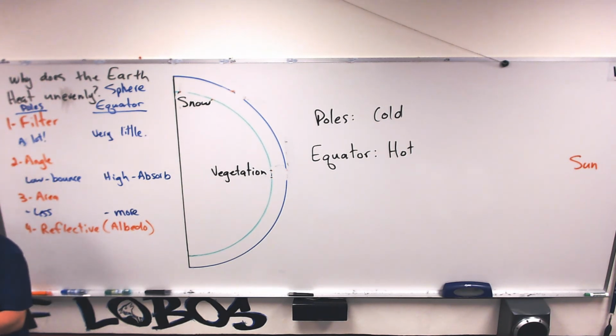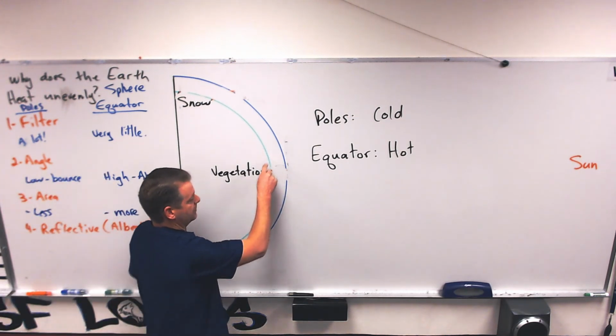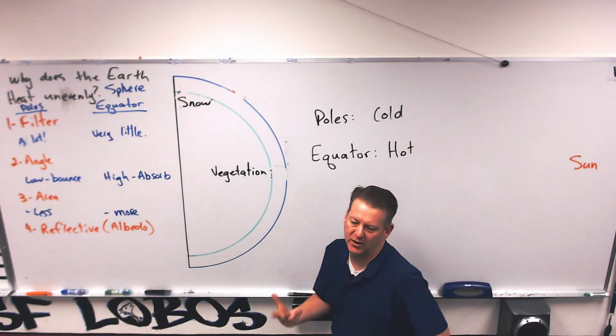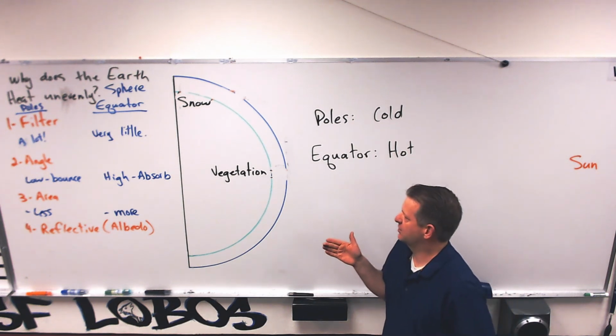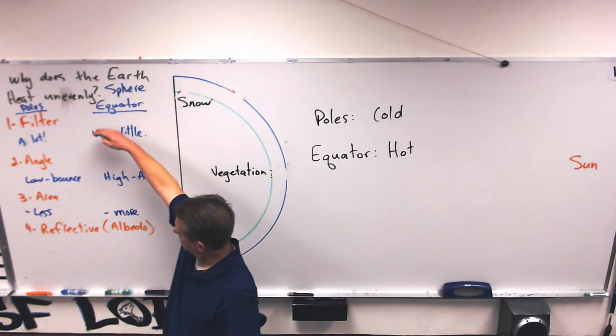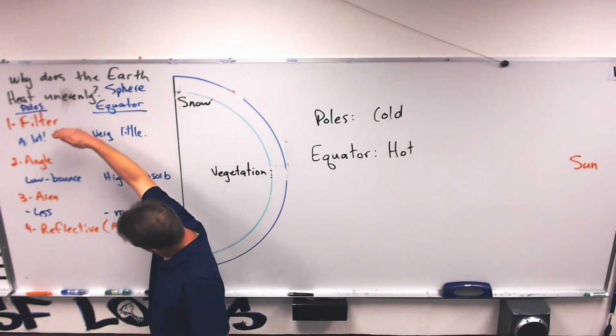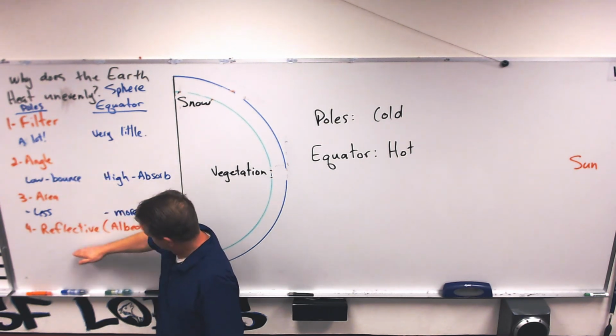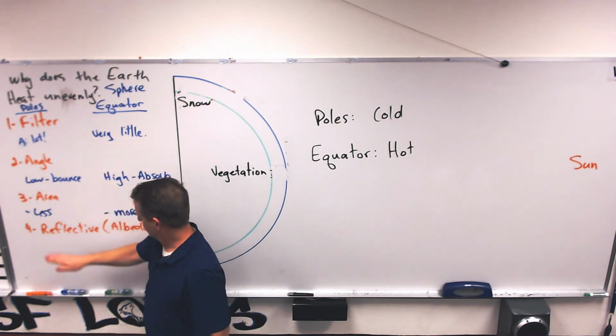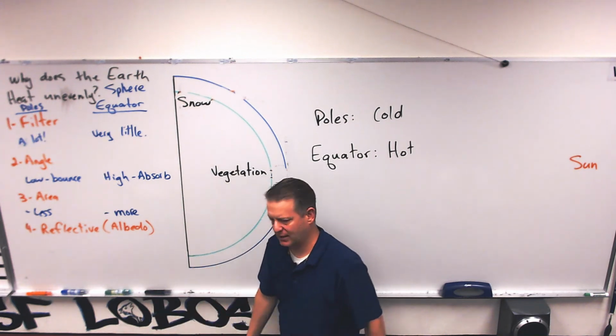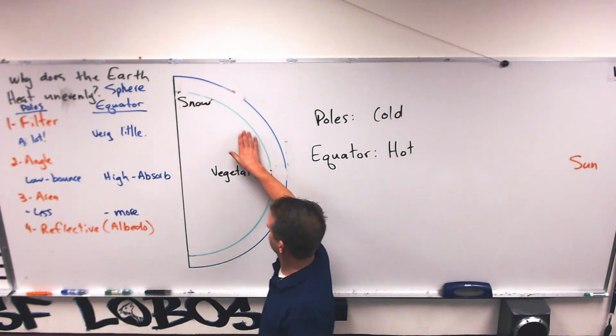But because it's round, I mean, it's not perfect, but it's close to being perfect. Everywhere that you walk along the surface, what happens to the angle? It always changes. And since the angle is always changing, it affects all of these things. More filtering, the angle changes, more area. And because of these things, reflectivity increases as we go up.